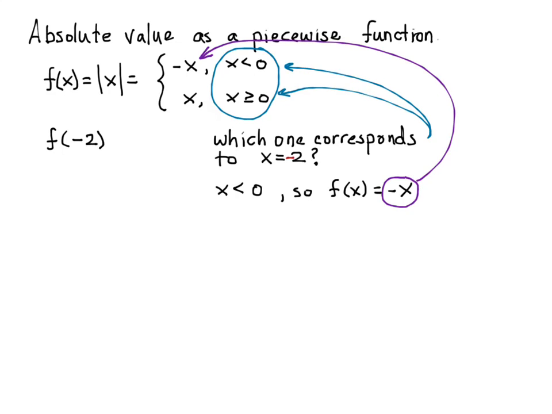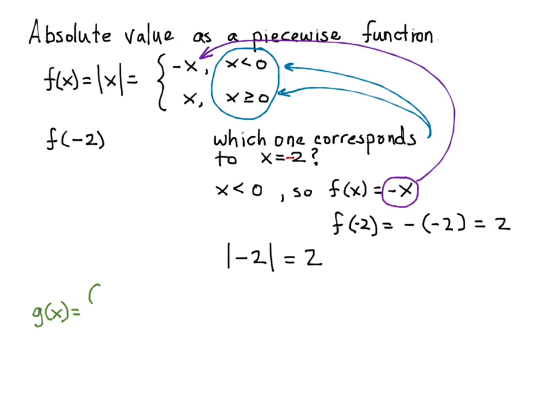And so when we use that part of the function, we say f at -2 is -(-2), which is +2. Maybe that seems more complicated than it really needs to be, but the point is to illustrate a piecewise function that gives a definition to absolute value. So we simply write the absolute value of -2 is 2, which you knew before this.